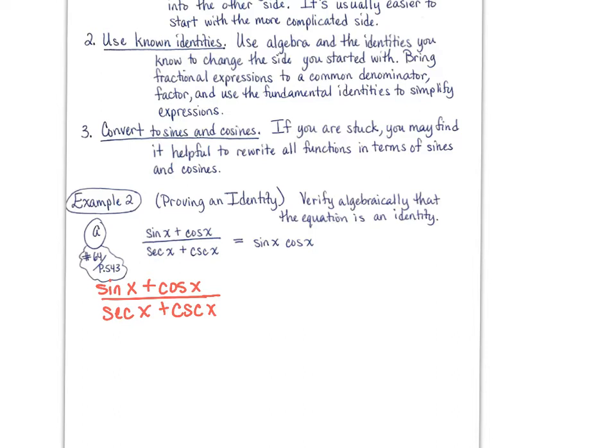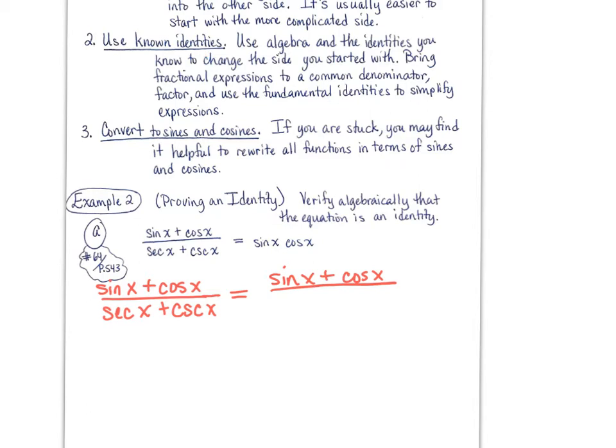Now, sine of x plus cosine of x is already in terms of sine and cosine. There's nothing we can do with that, so we'll leave it alone. We're going to say that's equal to sine of x plus cosine of x. But when we look at our denominator, we see secant of x plus cosecant of x. So now we're in step 2 where we're using our known identities.